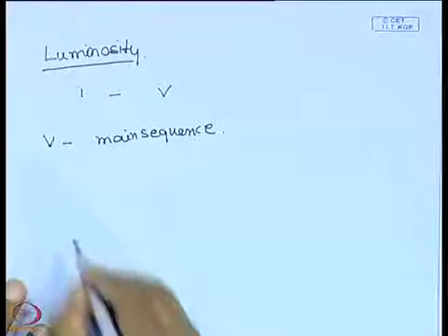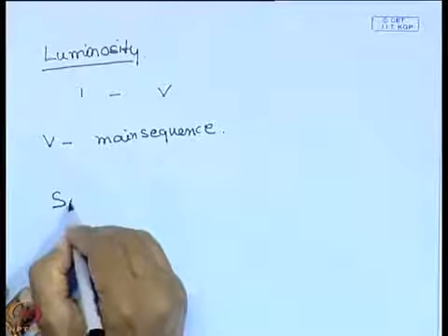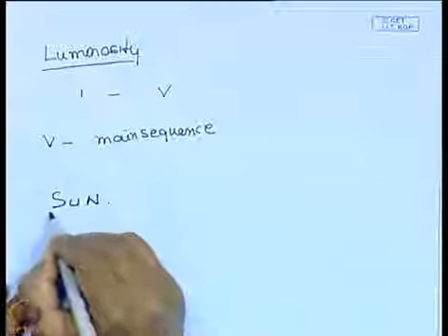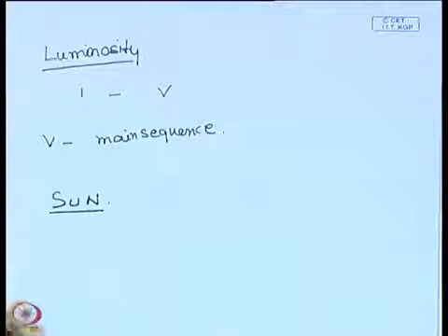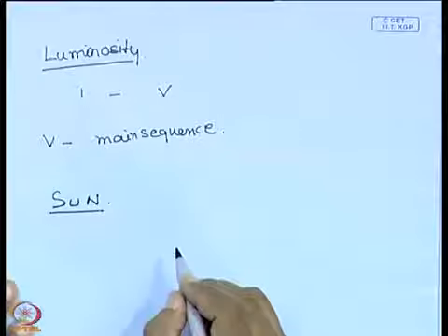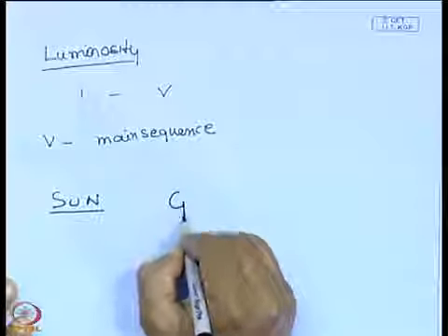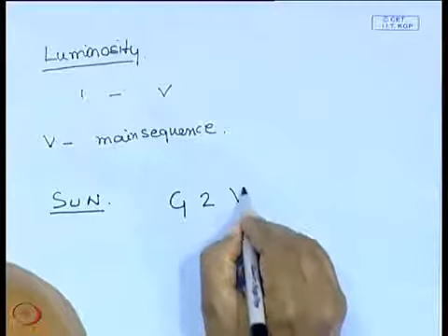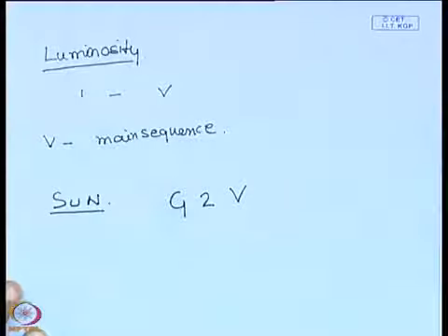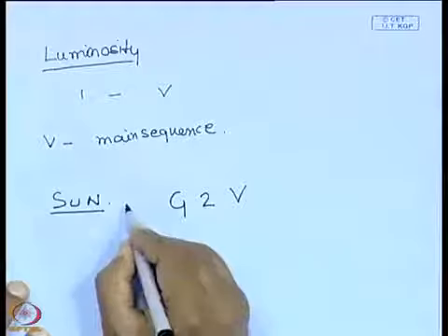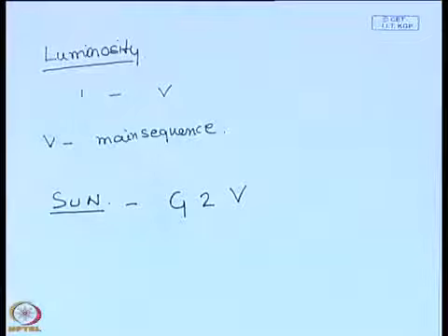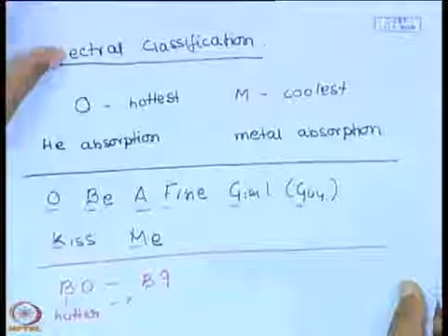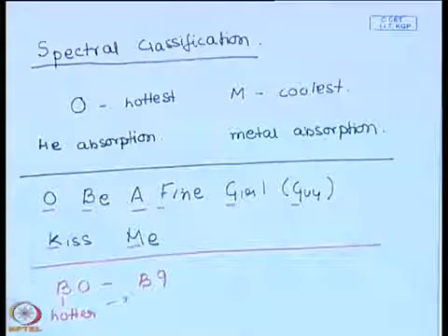So, the sun, for example, the sun is classified as G2 5. Okay, that is the classification of the sun. To just have a look, where does the sun lie?